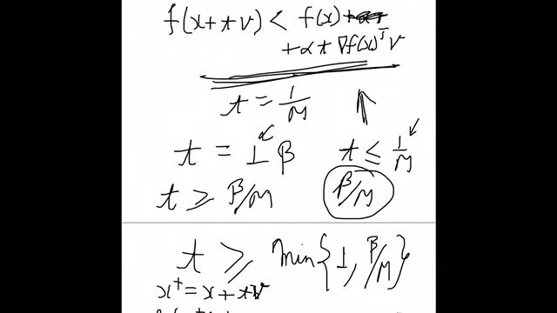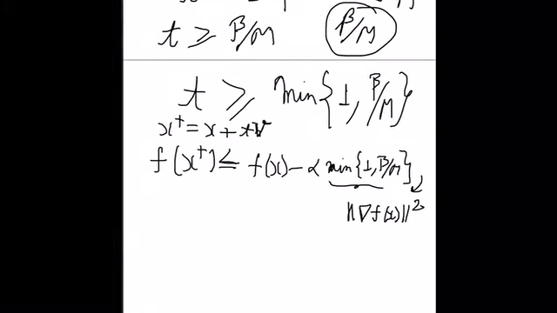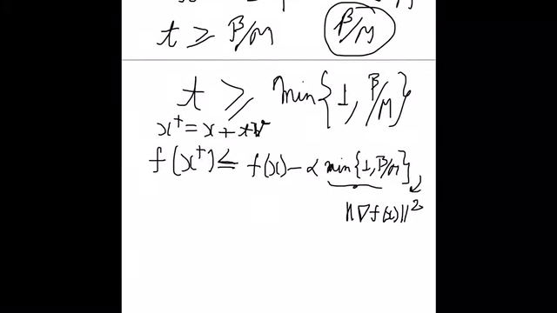This is the same equation as before, where we have substituted t equal to min of 1 comma beta by m. Fine.